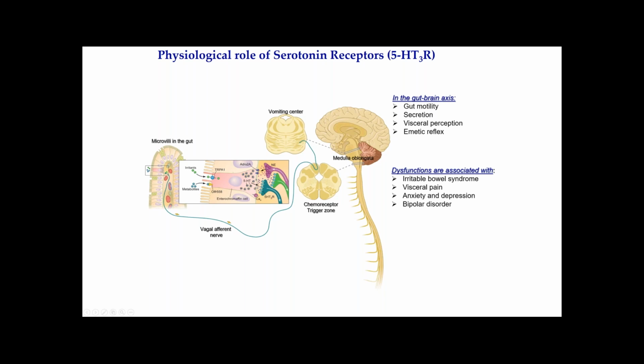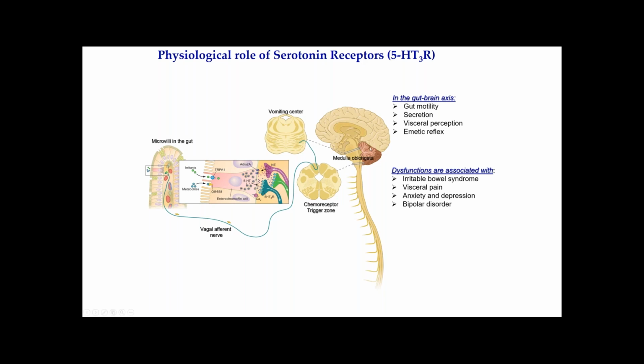These cells are sensors of chemical, electrical, and mechanical stimuli in the gut. In response to these stimuli, they synthesize and secrete serotonin. The serotonin molecules then bind to serotonin receptors, which are present on the nerves within the enteric nervous system, which is embedded beneath the gut wall.